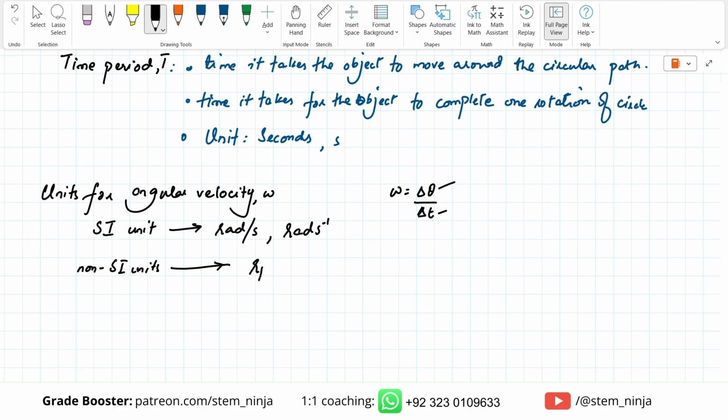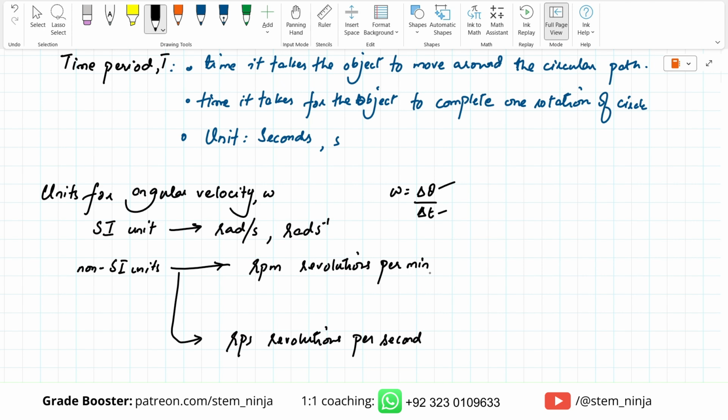However, we also sometimes use non-SI units. Some of them are RPM, revolutions per minute, and RPS, revolutions per second. And we need to be able to convert from RPM and RPS into radians per second. How can we go about doing that?